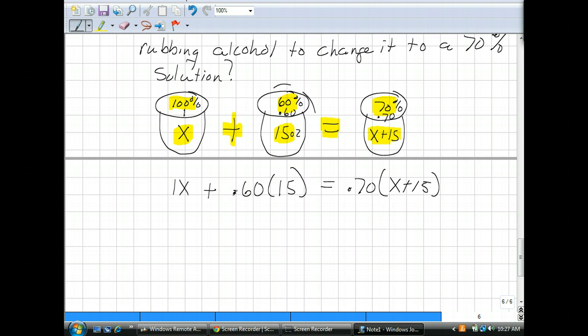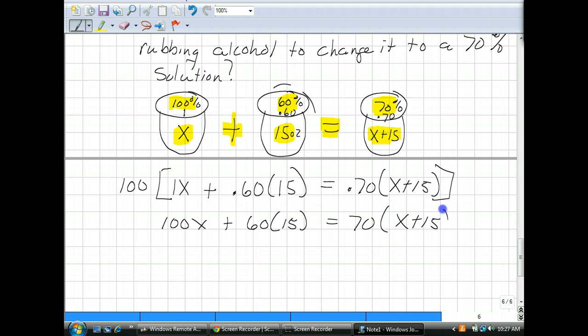That's why this is still in this section. Right, so now what we want to do is get rid of those decimals. So let's multiply the whole equation by 100. So we get 100x plus 60 times 15 equals 70 times x plus 15.